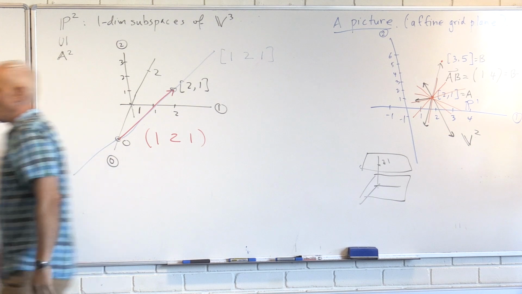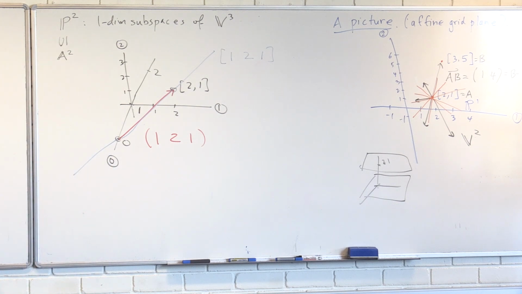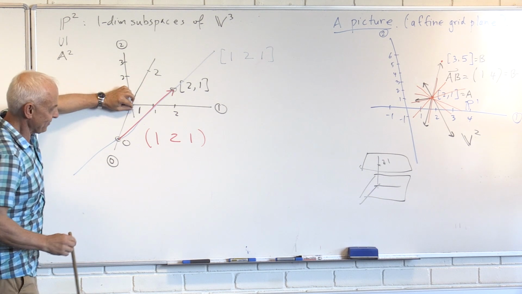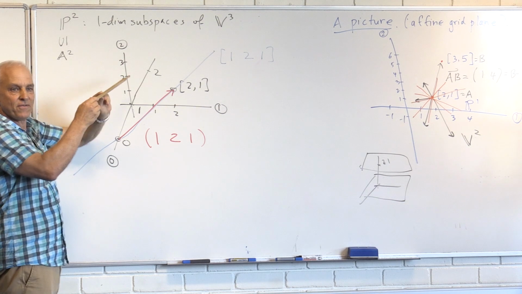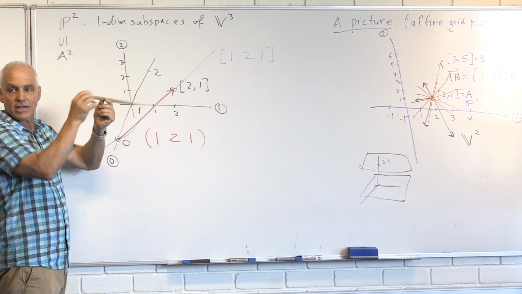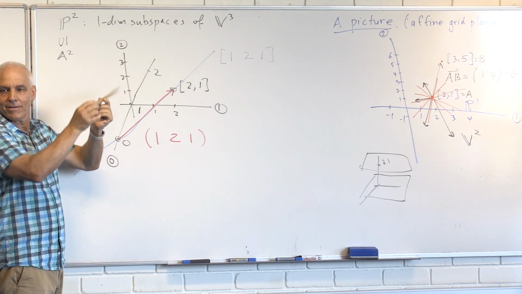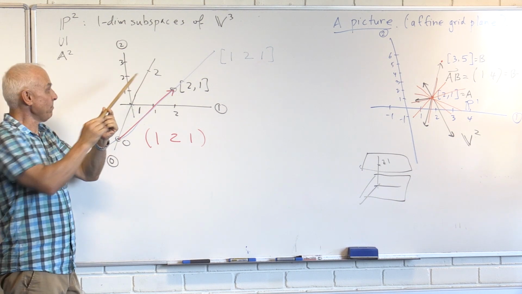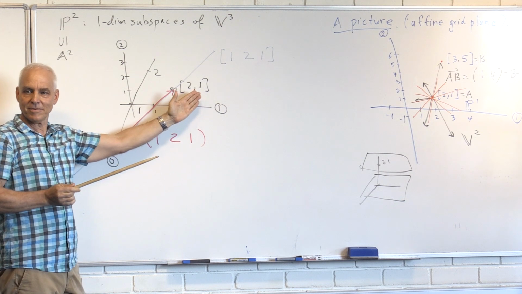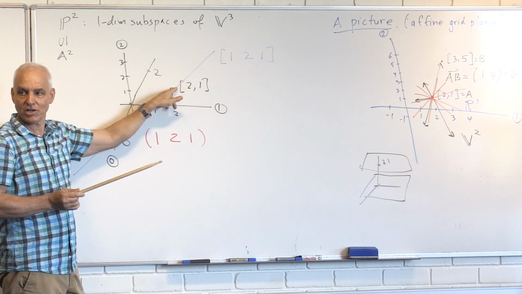So if you allow me to think of the origin as being out here, the projective plane consists of all lines through the origin. Most of those lines will meet this specified plane in a unique point.